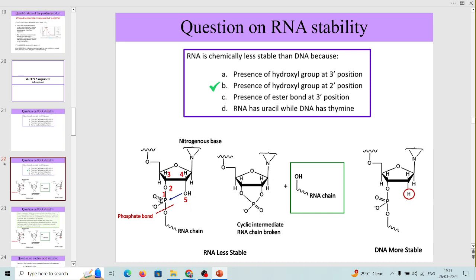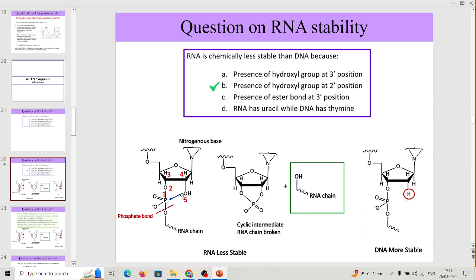So this is ribose sugar and this is the RNA. But for DNA it is deoxyribose. Therefore, this OH group is not there. As we learned a few slides back, there is a nucleophilic attack by OH in an alkaline solution.